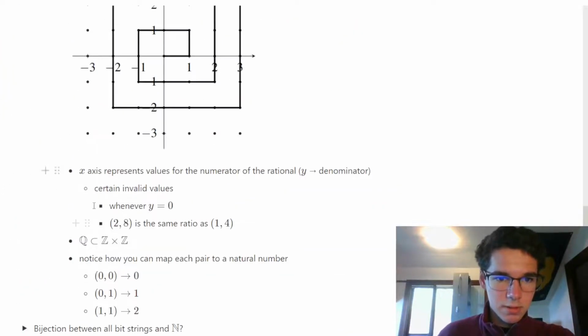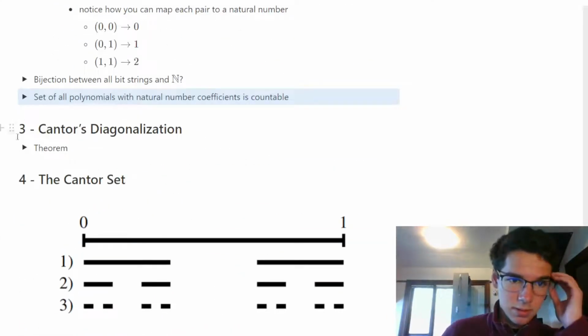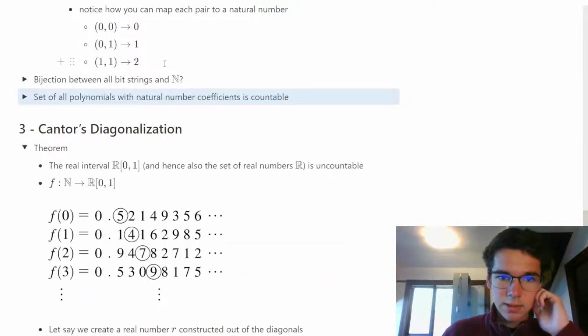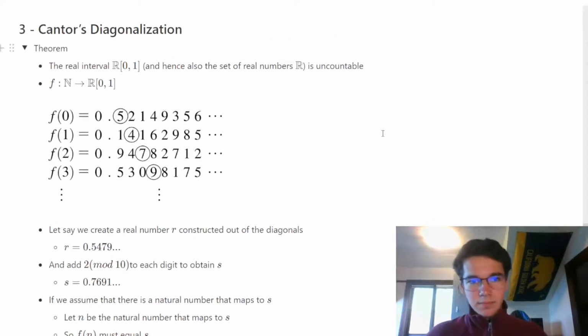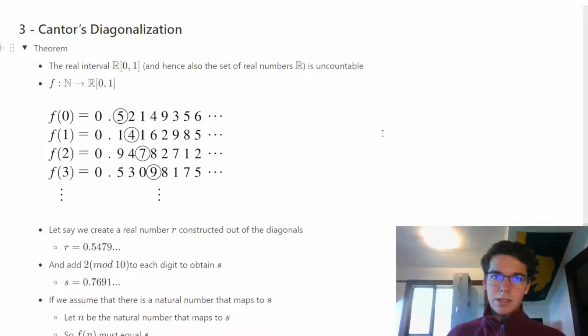Okay, and we're going to move on to Cantor's diagonalization. So we want to see if the set of real numbers is countable. And we're actually just going to confine ourselves to the set of real numbers between 0 and 1. And so let's see.